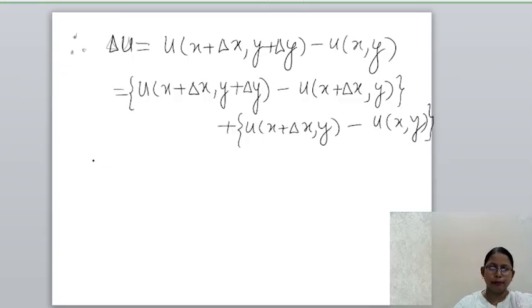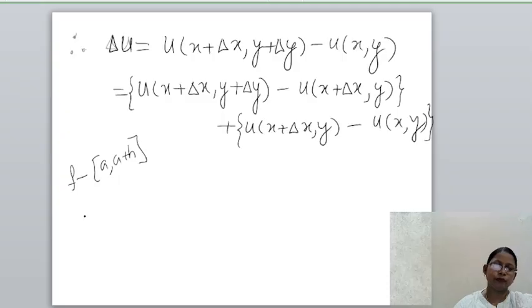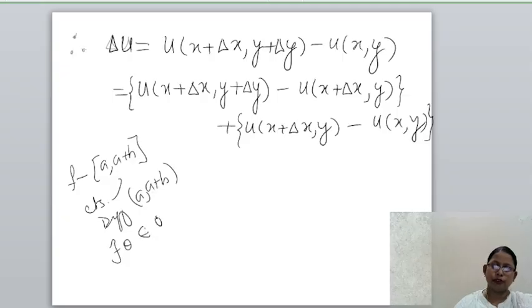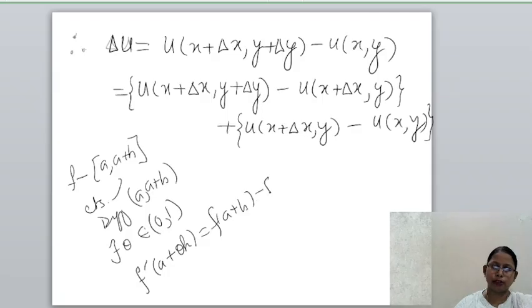Then by the mean value theorem, if f is a function defined in the interval a to a plus h, continuous in this interval and differentiable in the open interval, then there exists theta between 0 and 1 such that f'(a plus theta h) is equal to f(a plus h) minus f(a) divided by h.